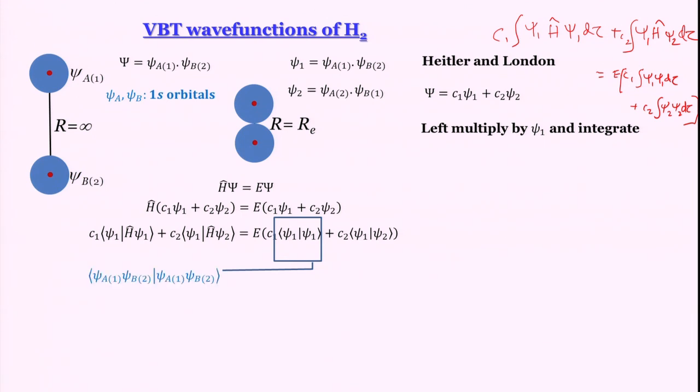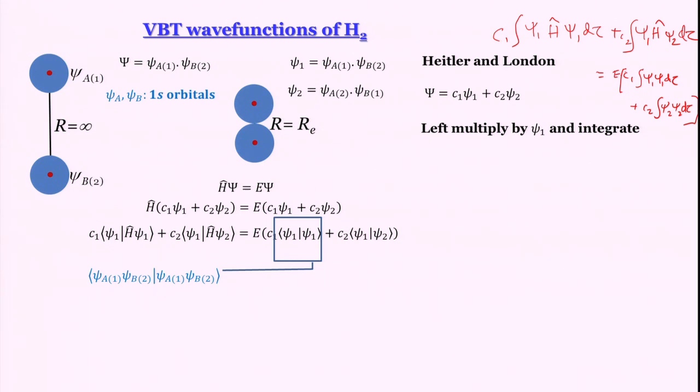First thing to realize is that this is really a double integral: integral in terms of coordinates of electron number 1 and coordinates of electron number 2. A double integral, as we know by now, can be written as a product of two integrals.